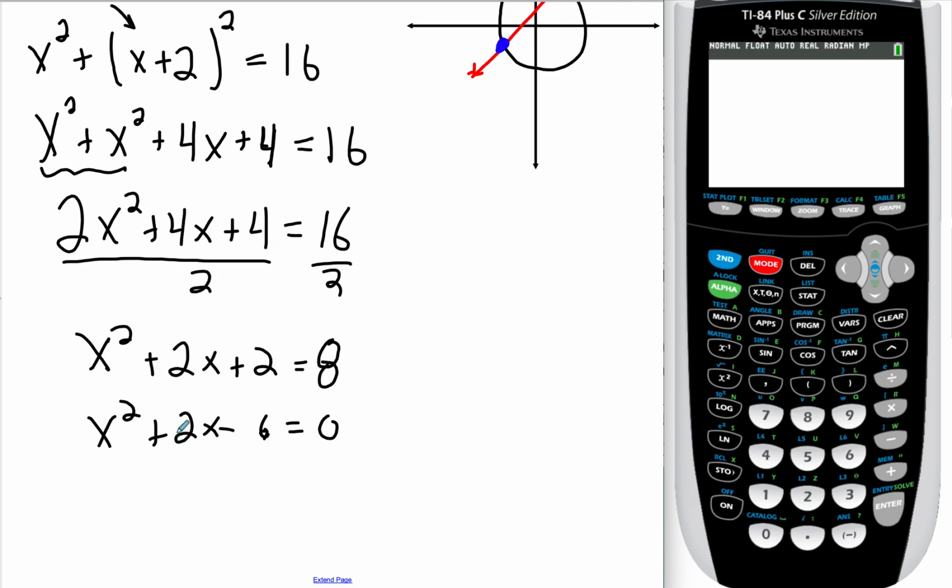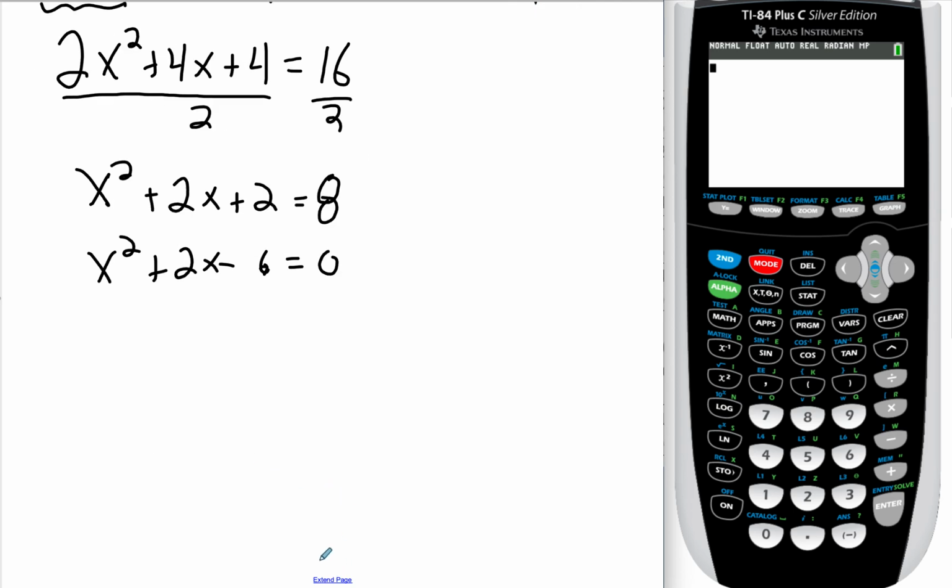Basically I need to factor this, and I'm not going to be able to in this case, so I'm going to use the quadratic formula. Again, I would expect these kinds of problems to show up on the midterm, so it's good that we did this now because we get a little recap. So we have to remember the quadratic formula: x equals negative b plus or minus the square root of b squared minus 4ac, all over 2a.